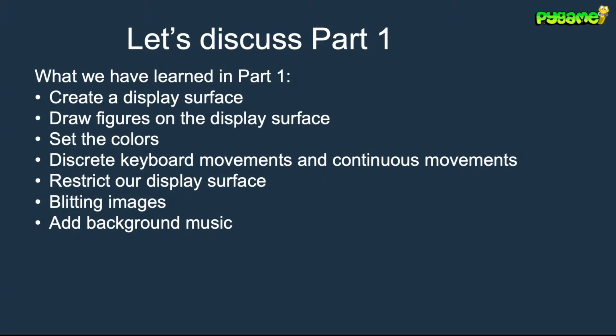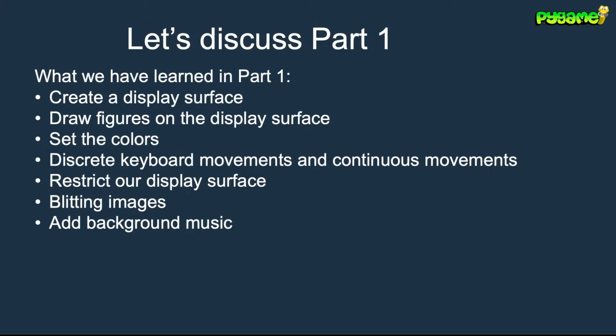Also, we know how to restrict our screen. For example, if we have the dragon on our screen and we don't want to move our dragon out of the screen, we need to restrict our screen, and we all know how to do it. Also, we know how to bleed the images, for example some background image or icons.